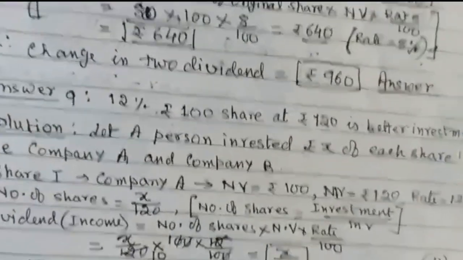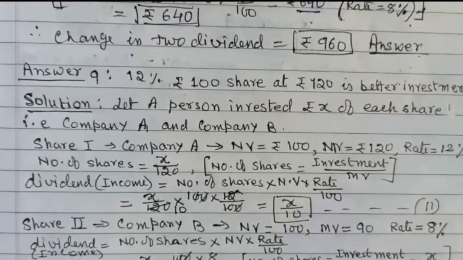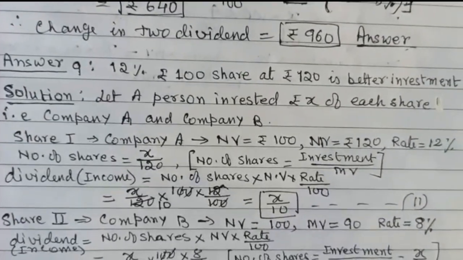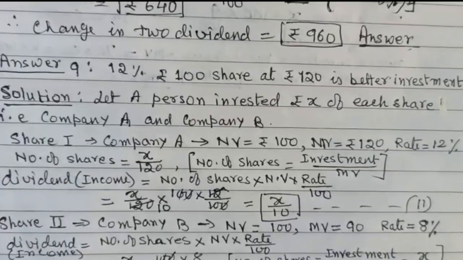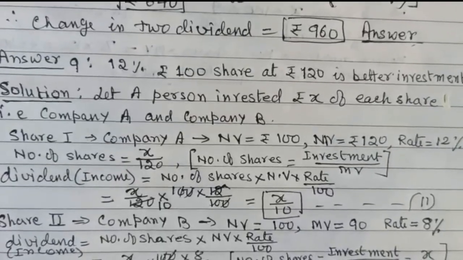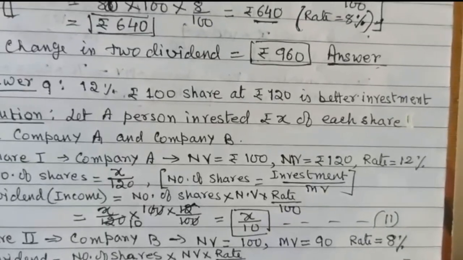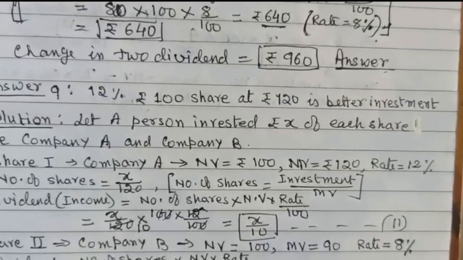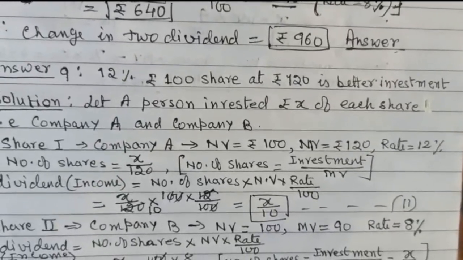Now, solution to question number 9. It is given that a man invested an equal amount in two companies A and B. Company A gives a dividend of 12%, whose market value is 120, and nominal value is 100.